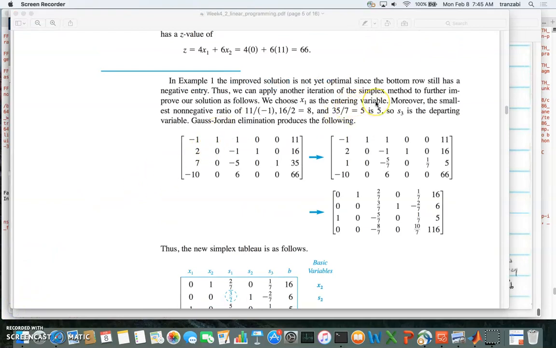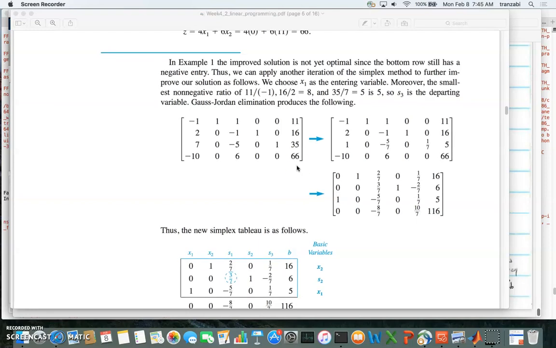You see that here it says we're going to now choose x1 as the entering variable because the last row has the most negative coefficient right here, minus 10. So we're going to pick this column, and then within this column we look at the smallest non-negative ratio. This is 35 by 7, which is the smallest compared to 16 by 2, and this one is negative, so we're not going to select that one. So this is going to be the departing row, or the pivot row.